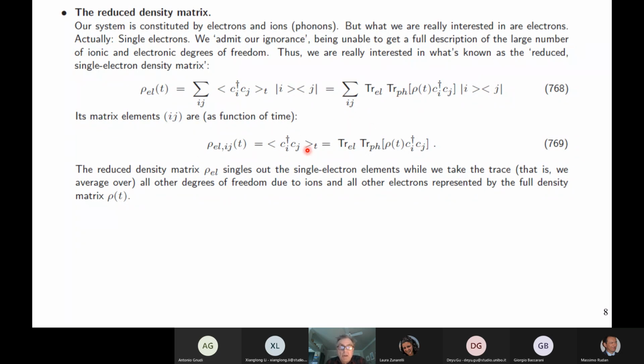So we'll consider this object, which is the trace over all the phonons of this operator. This operator, you may recognize it as the number or the density of electrons in a state ij. The diagonal term, C dagger I, Ci, is just the occupation of the state I of our unperturbed Hamiltonian.